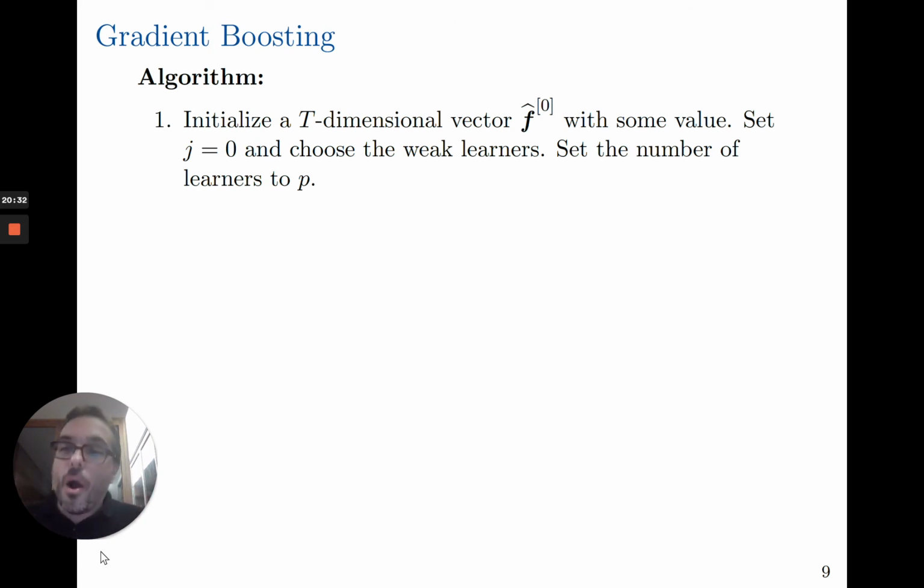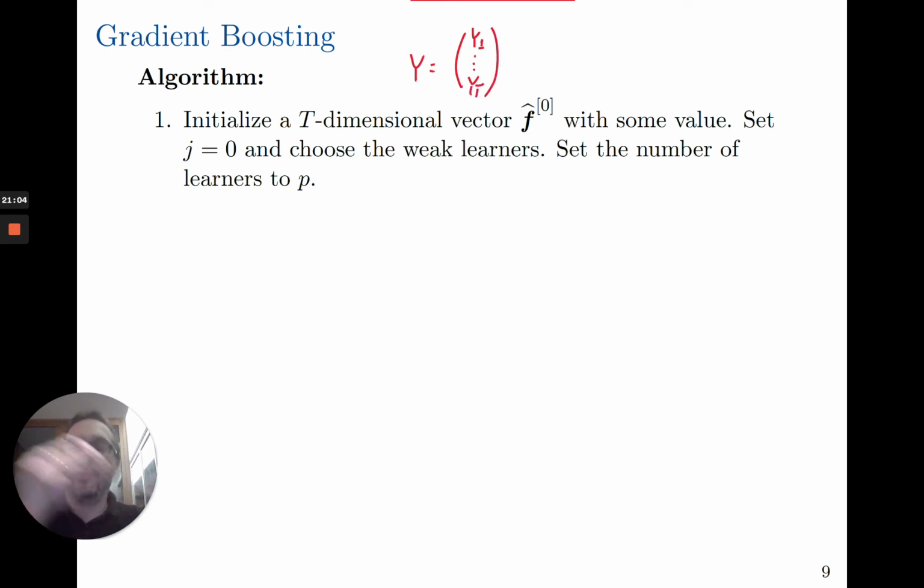So how is the algorithm of gradient boosting? We first, remember, have a function. Oops, bug on my pen, sorry about that. Okay, pen is back. So we want to estimate the function y, which is y_1 to y_t.